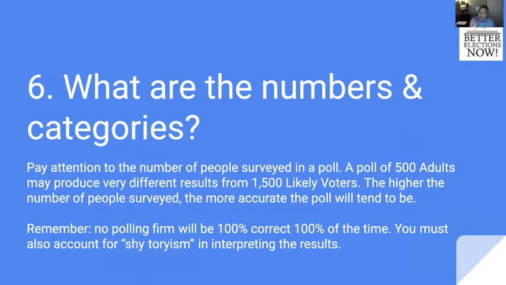So you have to first see who is being polled. Is it adults? Is it likely voters? Is it registered voters? Is it independents, Republicans, Democrats, or all of them? And you must pay attention to the number.